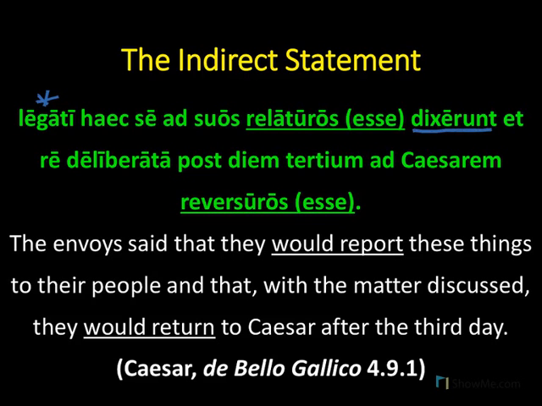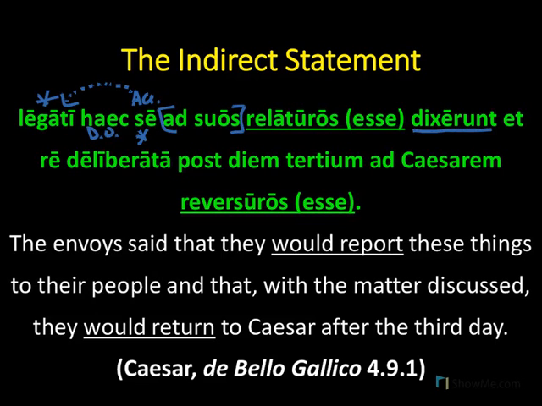The envoys, or the legates, said. Se is the accusative subject of the indirect statement, and it refers back to the subject of the main sentence, legati. So the envoys said that they would report these things, accusative direct object, to their own people.